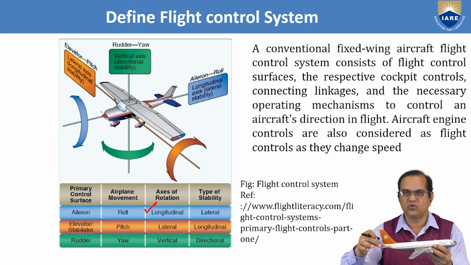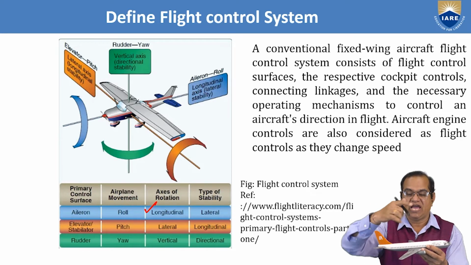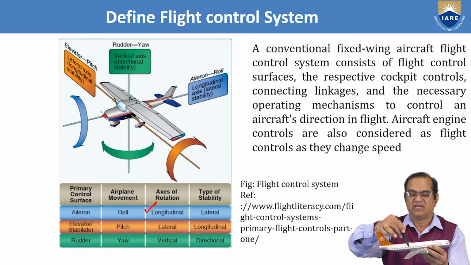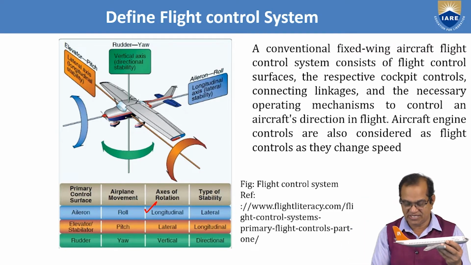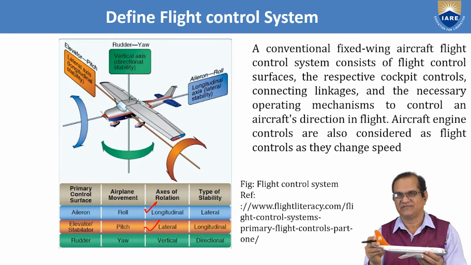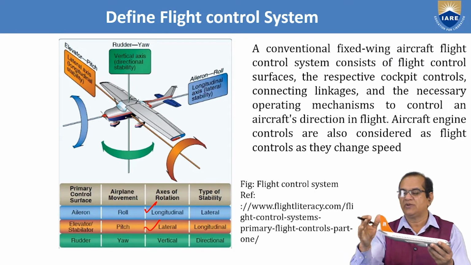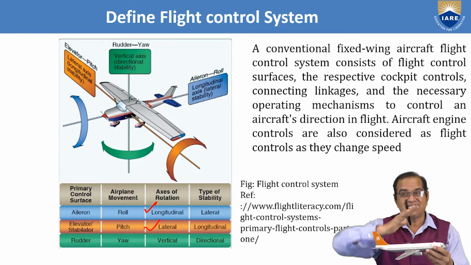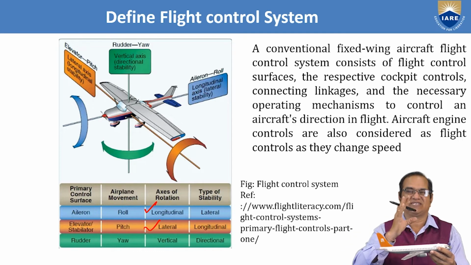The next one is the elevator. Elevators are used to make the pitching, and the axis of movement is the lateral axis. If you move it up and down, your nose will go up and down, so it is called the longitudinal stability.